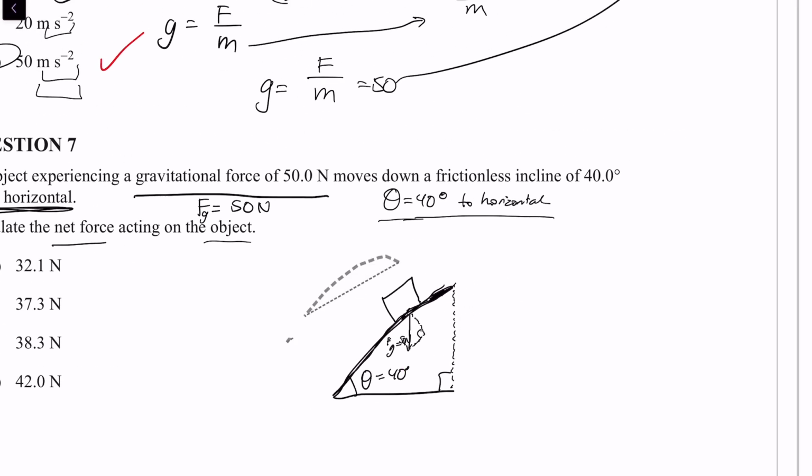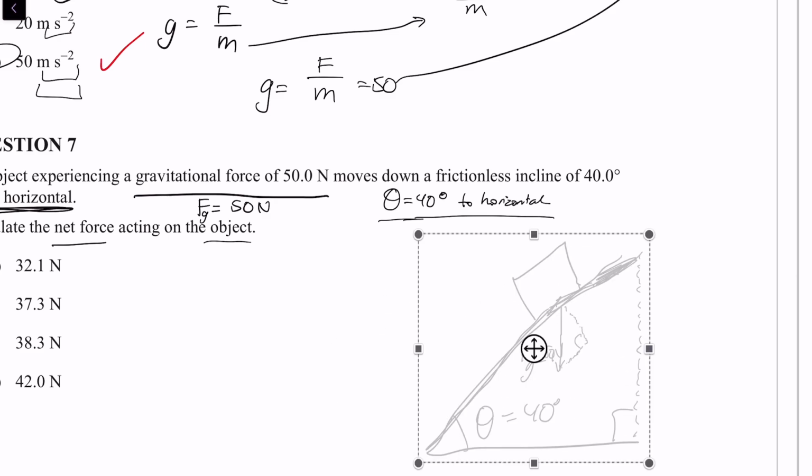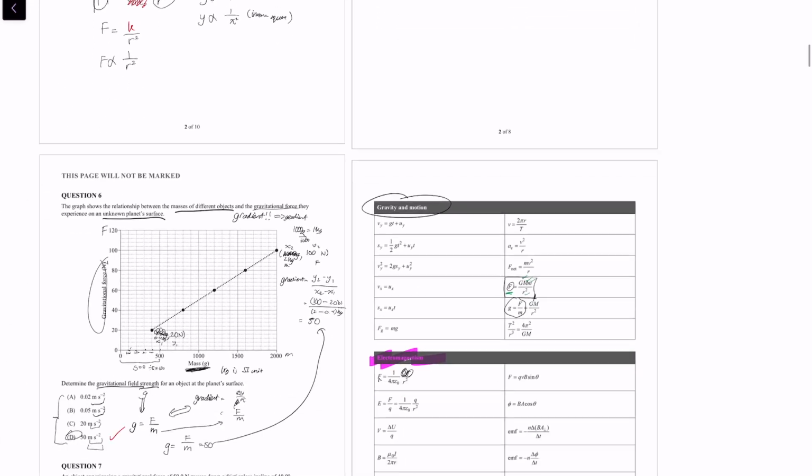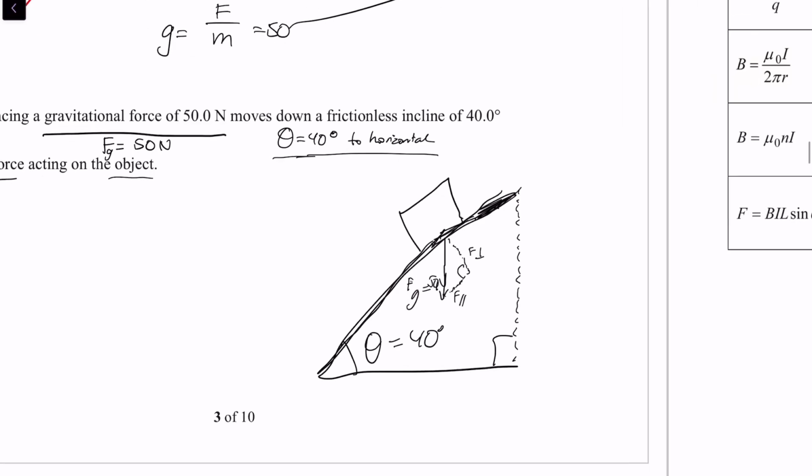That's very poor. I'm just going to increase that size. Yep. And then I know my F parallel and my F perpendicular. Anything else I need to know? I know G is 9.8. The magnitude of G is negative 9.8 meters per second squared.